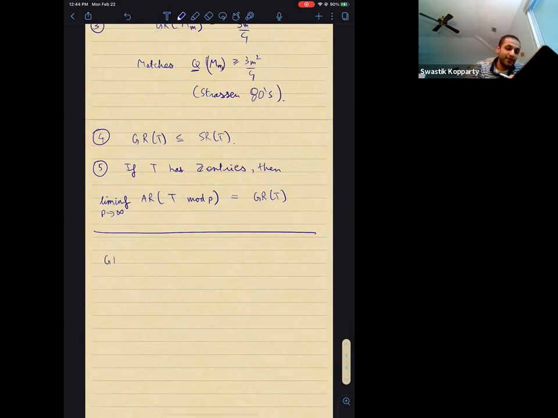The first observation is that the geometric rank of T1 direct sum T2 is equal to the geometric rank of T1 plus the geometric rank of T2. What is direct sum?